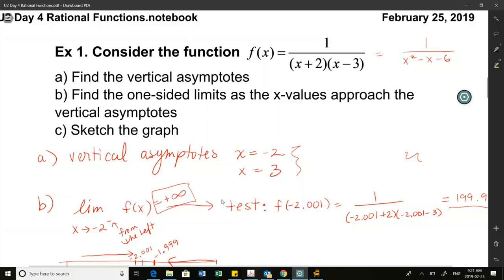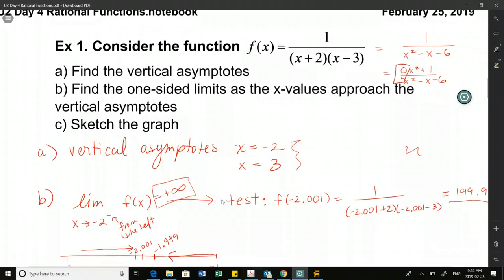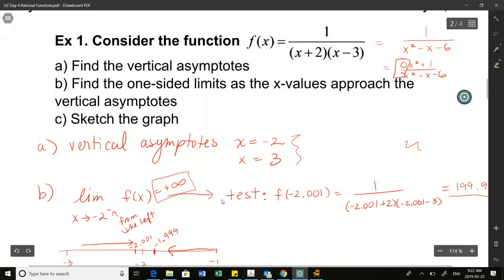So my x squared degree up here, it's like 0x squared plus 1, over x squared minus x minus 6. So what's the ratio of these coefficients? 0 over 1, right? So my horizontal asymptote here is just y equals 0.